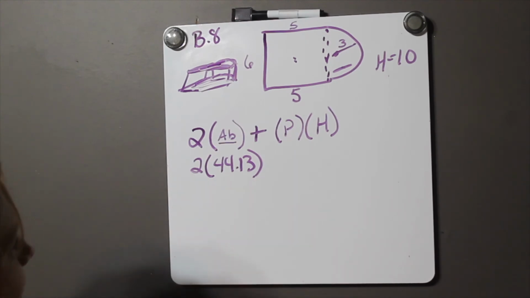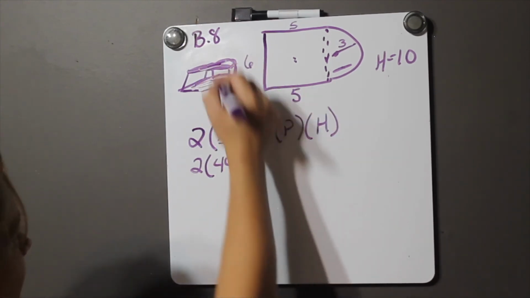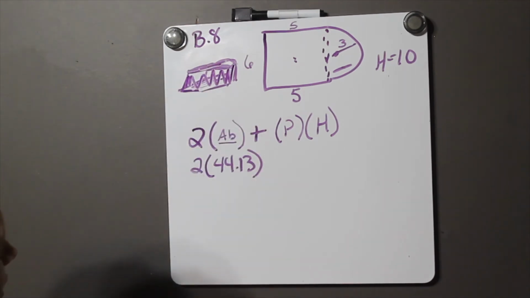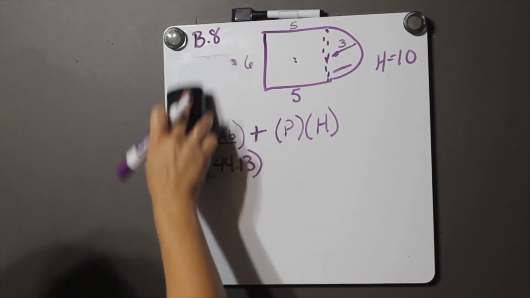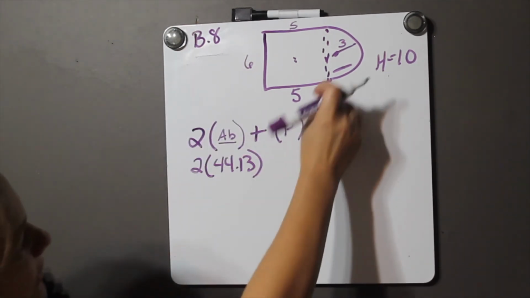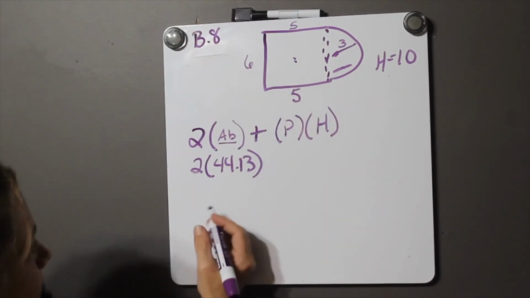So two of those there. Now we have to find the lateral surface area, and that's all of our up and down surface area. Now, the way the book shows you how to do that would be if we just unfolded this whole thing.